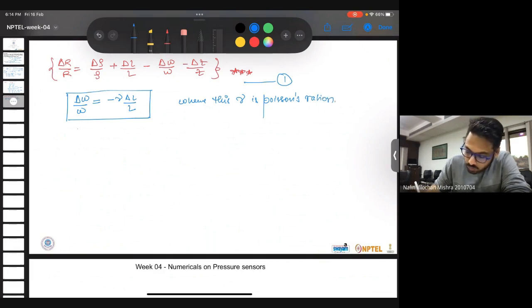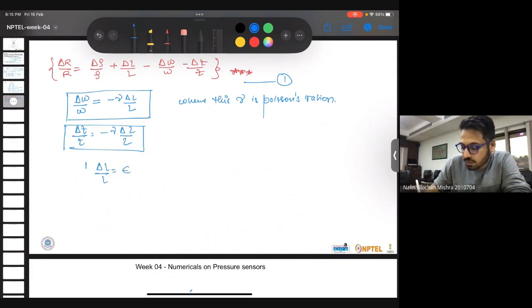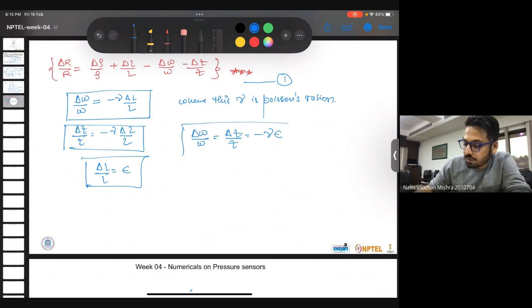Also, it is equal to delta T by T. We can write this delta L by L as strain. So we can replace delta W by W equal to delta T by T, which is equal to minus mu epsilon. So this is equation 2.